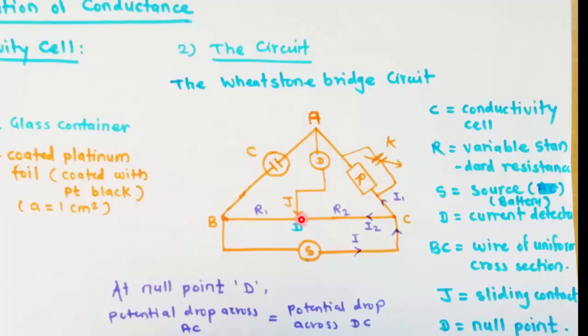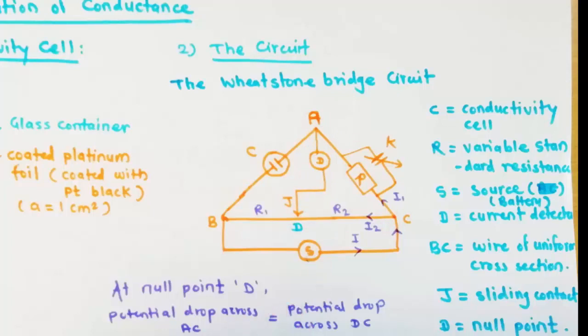So you move the jockey along the wire until the detector shows null deflection. At the null point, the potential drop across the wire AC will be equal to the potential drop across the wire CD or DC.